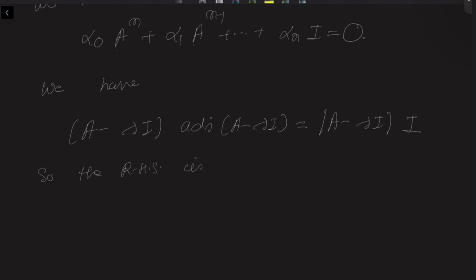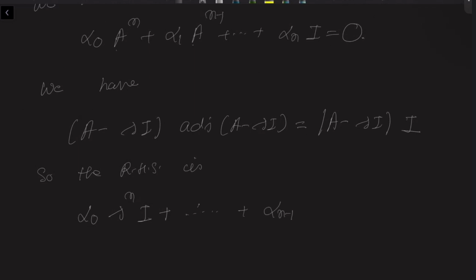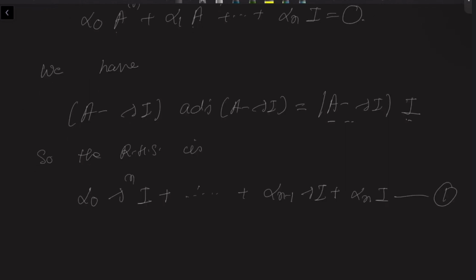I get alpha naught times lambda to the n I, plus dot dot dot, similarly alpha n minus 1 lambda I plus alpha n I. So this is what my RHS is going to be. I just replaced the determinant of A minus lambda I, that is the characteristic polynomial, and it is multiplied by I. Let us give this 1. So this is my right hand side.